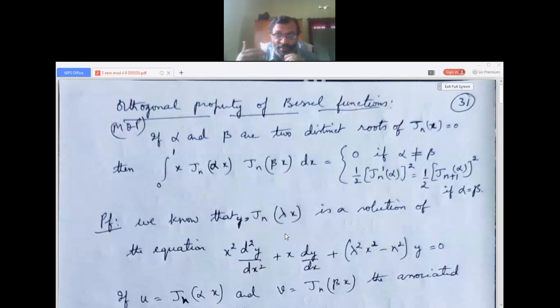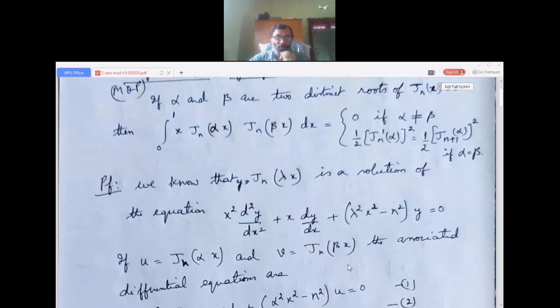Now we use the same concept, that is we know that y is equal to Jn lambda x is a solution of the equation. So here x was there, now lambda x, so here lambda x will be there. We know that y is equal to Jn lambda x is a solution of the equation x squared d squared y by dx squared plus x dy by dx plus lambda squared x squared minus n squared into y equals 0.